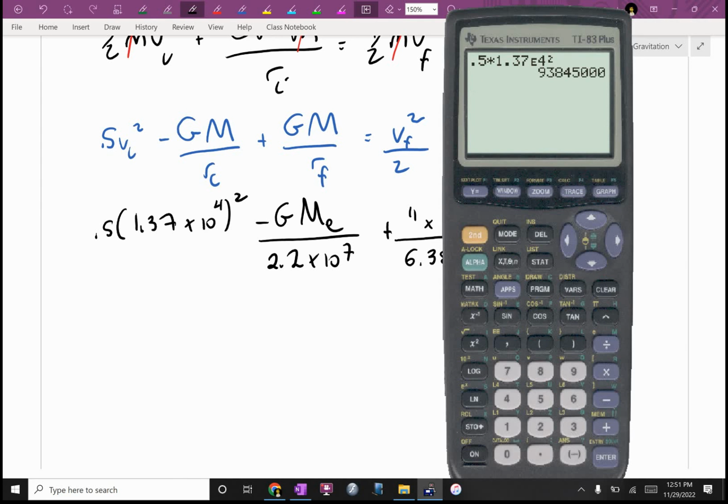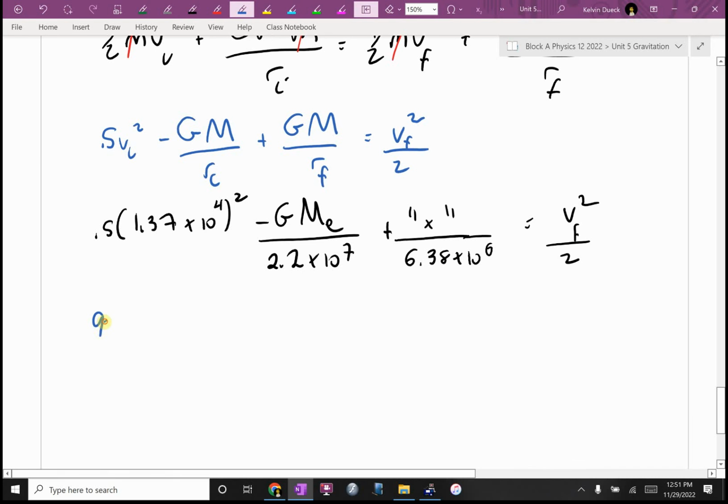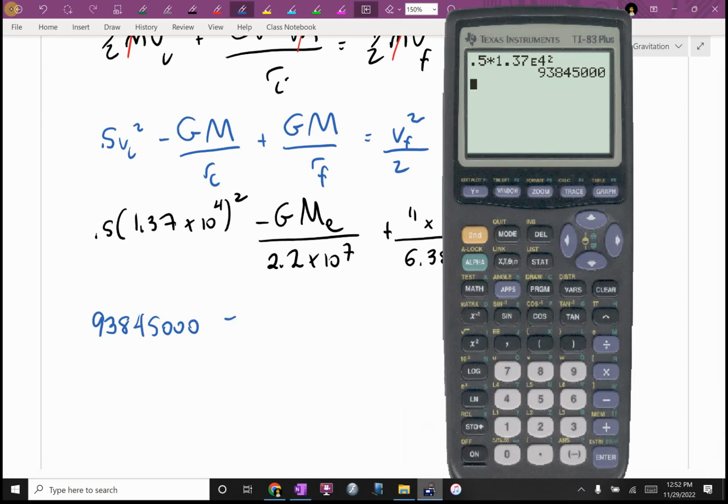I'll write out the whole thing. 93845, 3 zeros. And then I'm going to have 6.67 times 10 to the negative 11 times 5.98 times 10 to the 24th divided by 2.2 times 10 to the 7th.